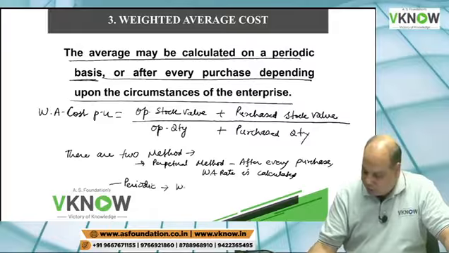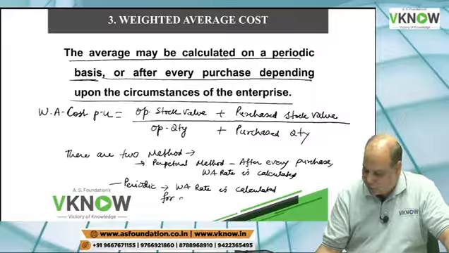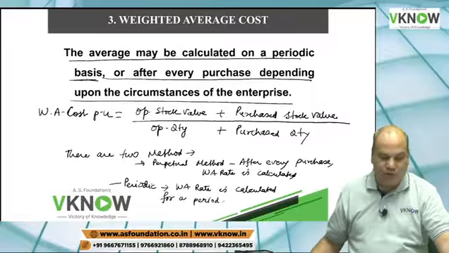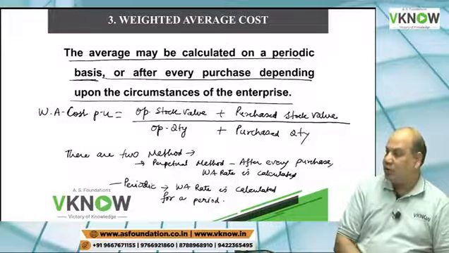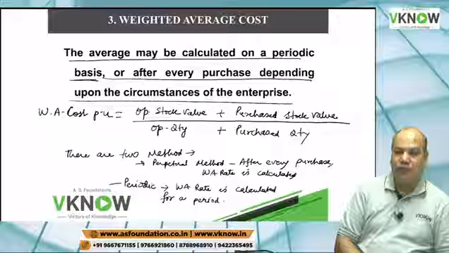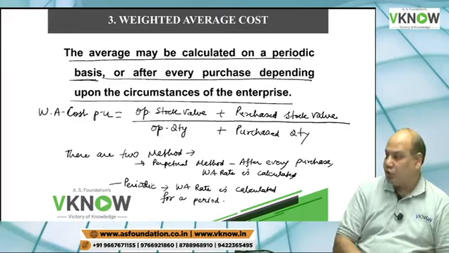It means the weighted average rate is calculated for a period. That means you don't have to calculate every time a new purchase is made. You will calculate the rate for a month or a year or a week. So that is called periodic. What you will do in the exam, you will do what is asked by the institute.